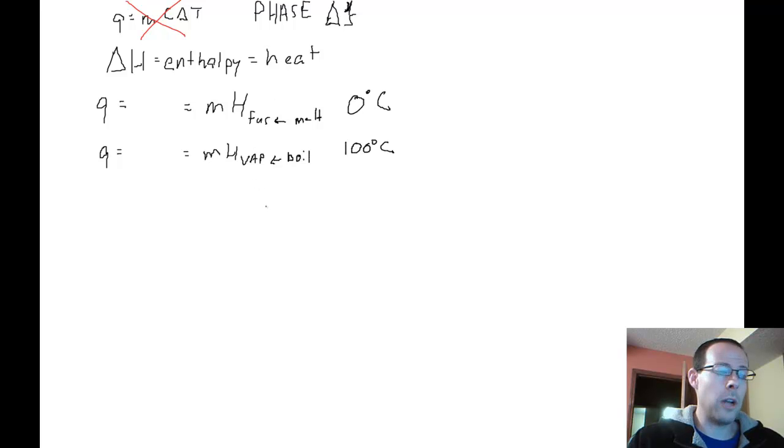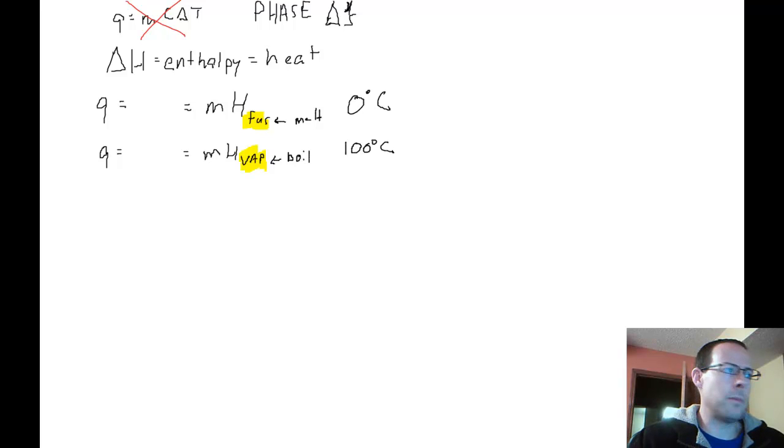I believe on your homework, they're going to be things that are not water, so they don't have boiling points of 100 or melting points of 0. But again, what you need to know, the important thing, is that fuse means melting, and vap means boiling. And again, I'm not going to do any example equations for this because the math is really easy.